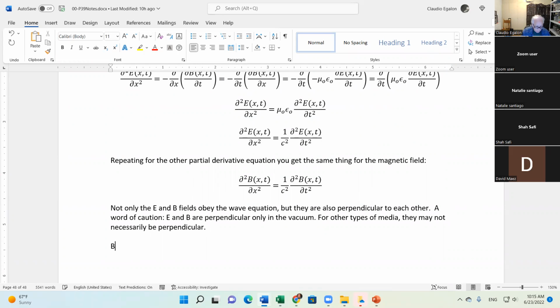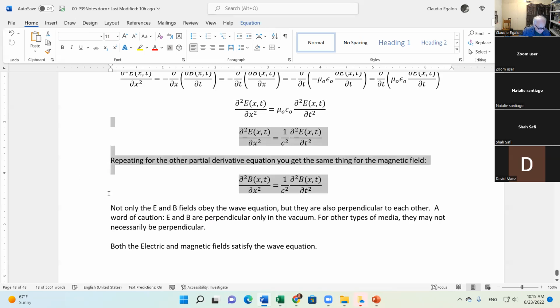Okay. Both the electric and magnetic fields satisfy the wave equation. And what does it mean? Let me copy that. I'm going to repeat that here.